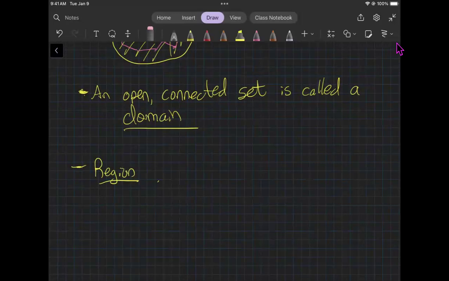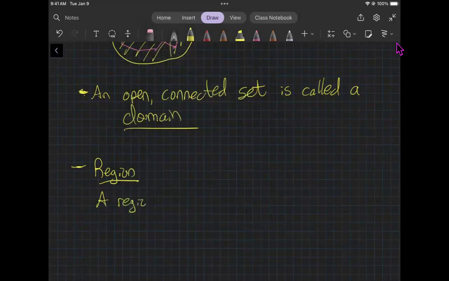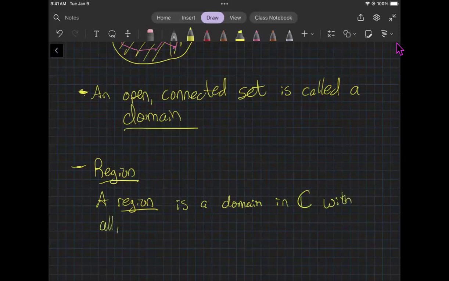So a region is a domain in the complex plane with all, some, or none of its boundary points.